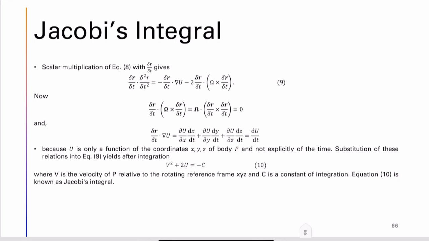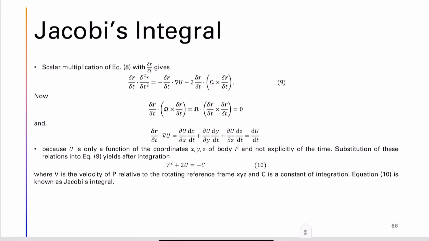When I multiply it and make some rearrangements, I get the final expression: v square plus 2U is equal to minus C. That is equation 9, and after integration it leads to v square plus 2U is equal to minus C, where v is the velocity of the point P relative to the rotating frame xyz, and C is the constant of integration.